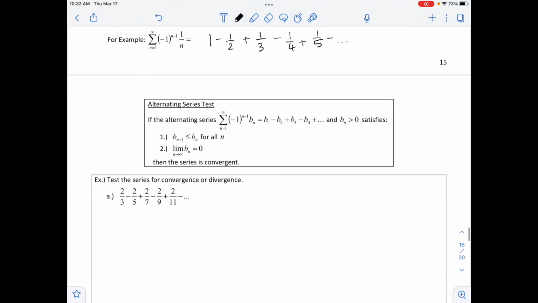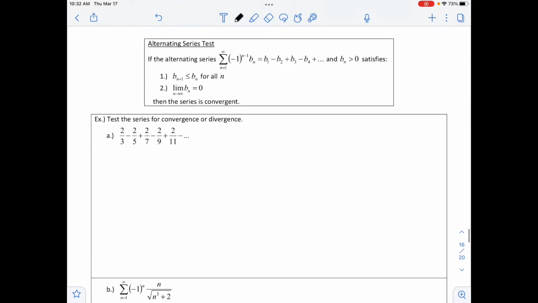The top of page 16 says the alternating series test. It says that if the alternating series, the sum from n equals 1 to infinity of -1 to the n-1 times b sub n, equals b sub 1 minus b sub 2 plus b sub 3 minus b sub 4 plus and so on, and b sub n is greater than 0.